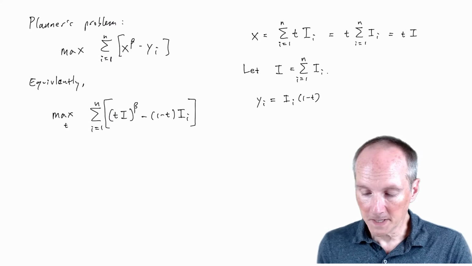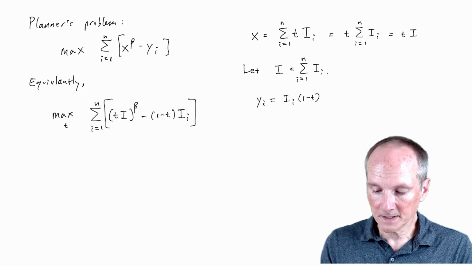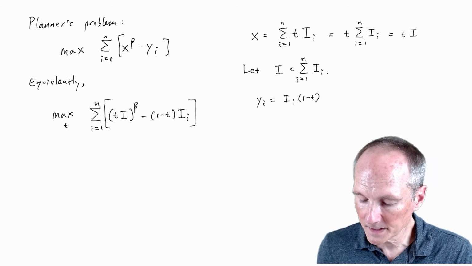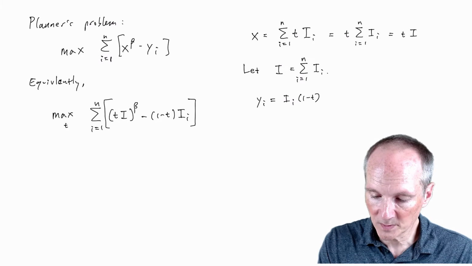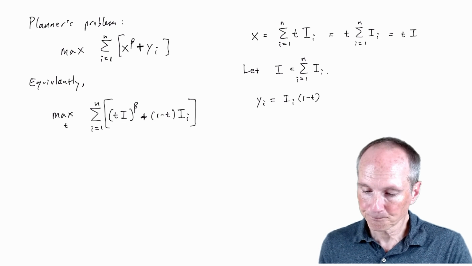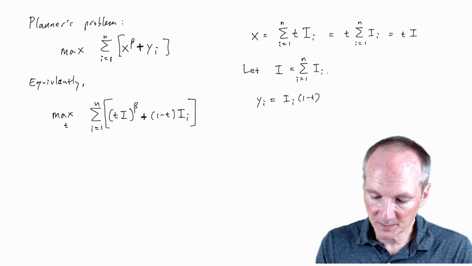Okay. All right. So what does this have to do with cost-benefit analysis? Well, let me rewrite this. First, though, I see that I have a problem. This should be a plus here. Okay, and that's a plus. All right. And anyway, I'm going to rewrite this objective function.